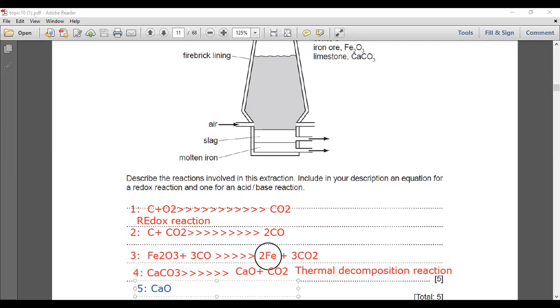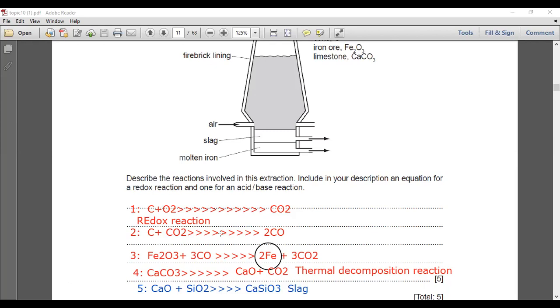CaO, which is calcium oxide, reacts with SiO2, which is sand, silicon oxide, an impurity in iron, to form CaSiO3, which is known as slag.